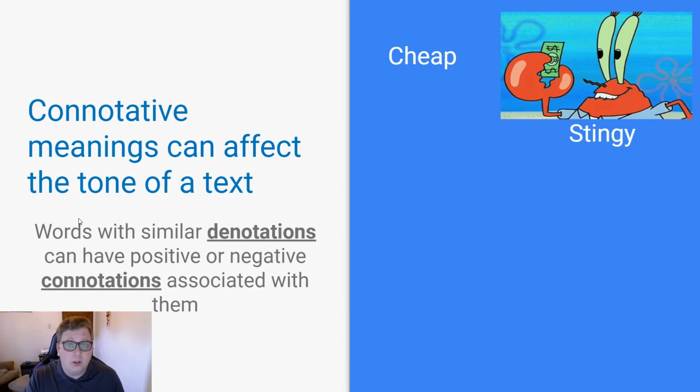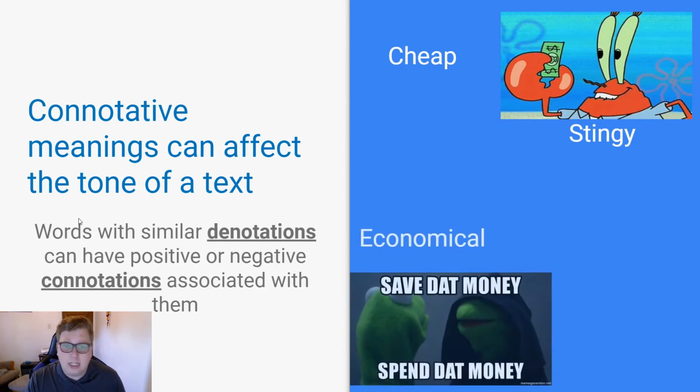However, if you look at a word like economical, like Mr. Krabs is very economical, that's basically saying that whoever is economical is good with money. They save their money, they don't spend it all the time. Another similar word might be thrifty.